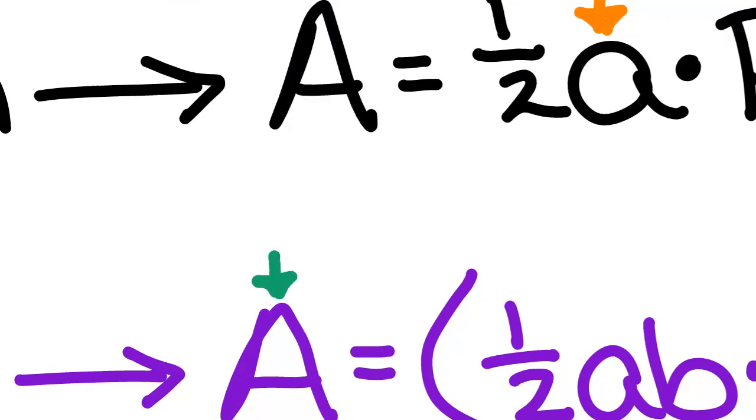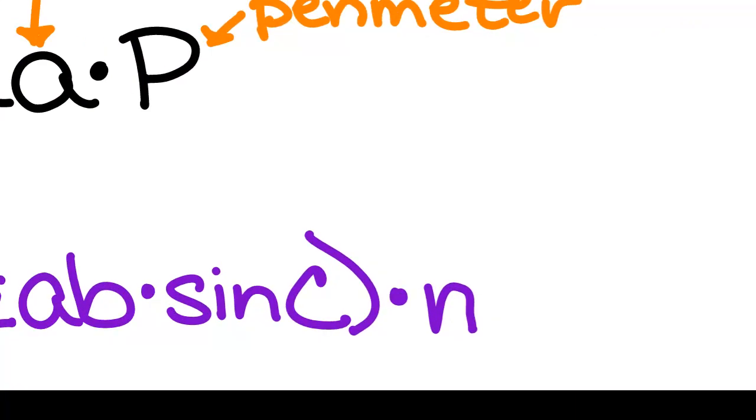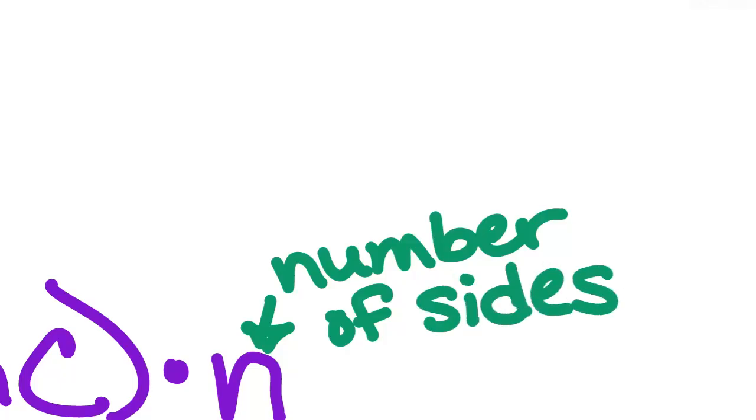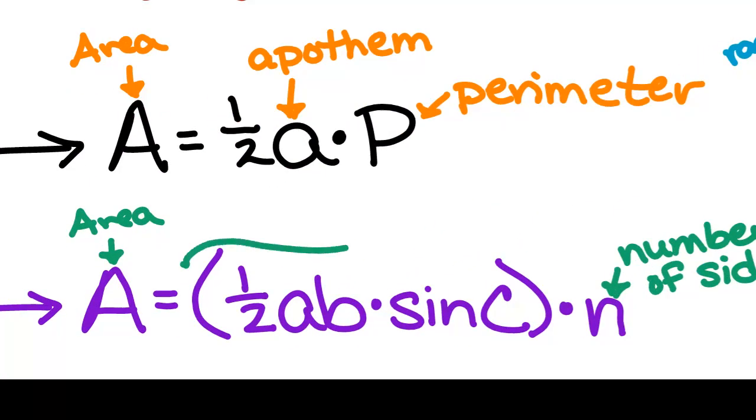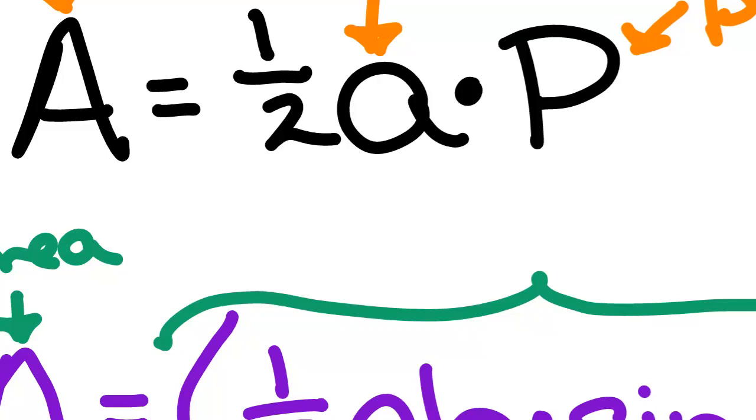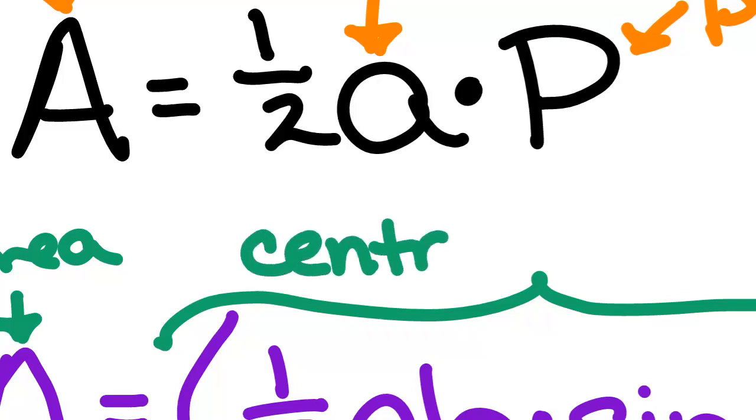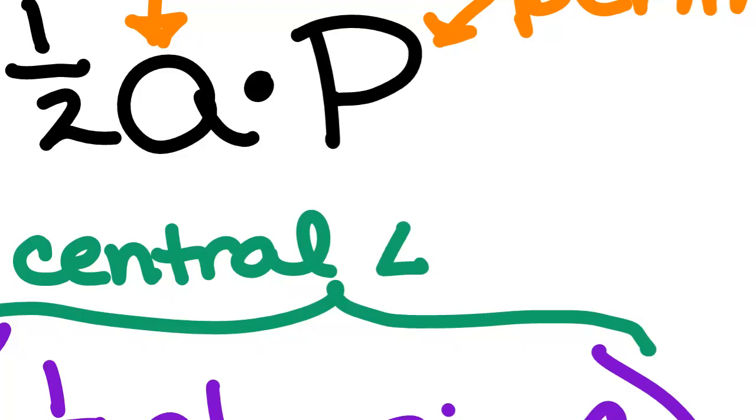Once again, this capital A stands for area. Way over on the right, the lowercase n stands for the number of sides. And hopefully you guys recognize this 1/2 AB sine C as an area formula for a triangle. This is the central angle triangle.